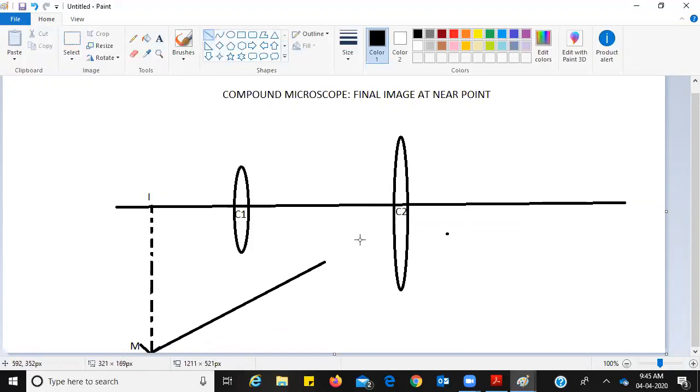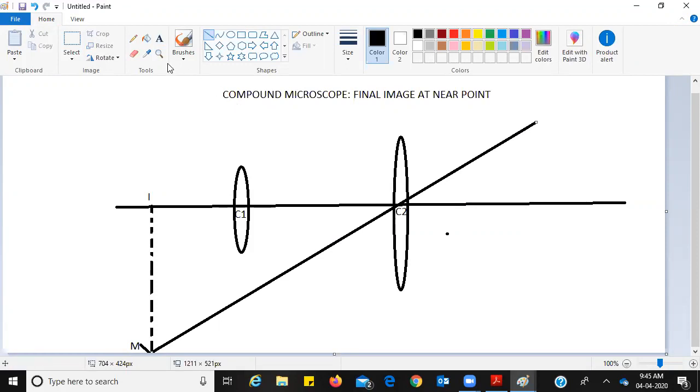And the second light ray, I'm deciding something. The second light ray starting from M itself, but I'm taking a point below C2 here. That point will decide the height of the image formed by the first lens.